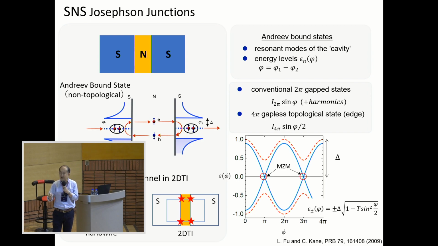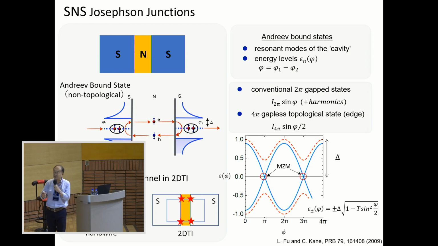And this hole is refracted as an electron, leaving again the Cooper pair on this side. Then this forms the so-called Andreev bound state, and supercurrent could flow through the Andreev bound state.